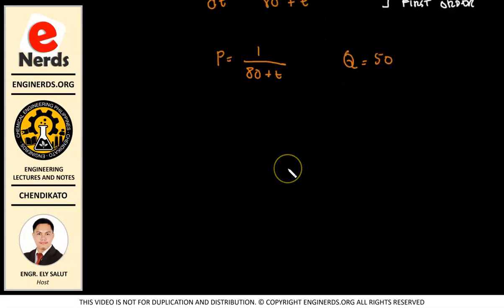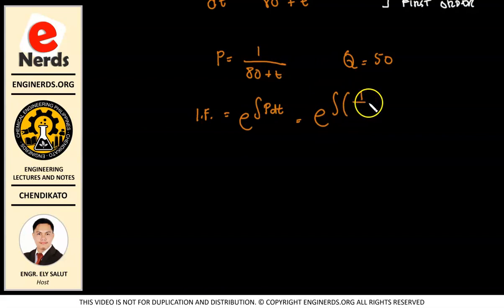Okay, so now we are going to take our integrating factor. So, ano yung integrating factor natin? This is e to the integral of P dt. So, let's substitute yung P natin. So, we have e to the integral of, what is our P? 1 over 80 plus t dt.